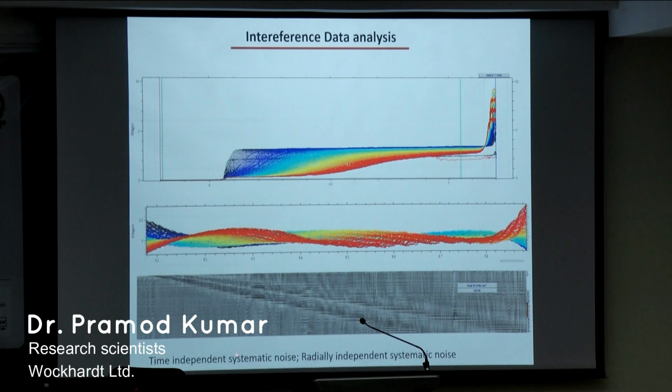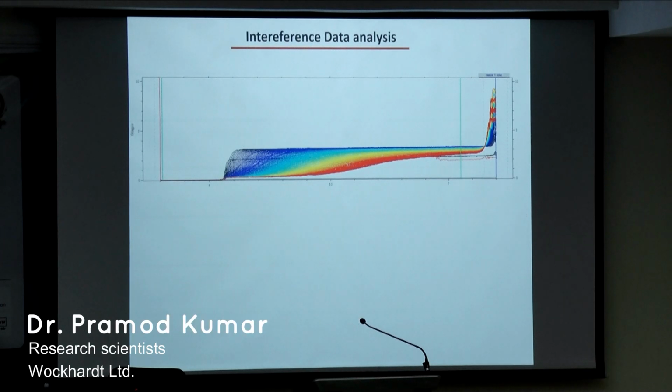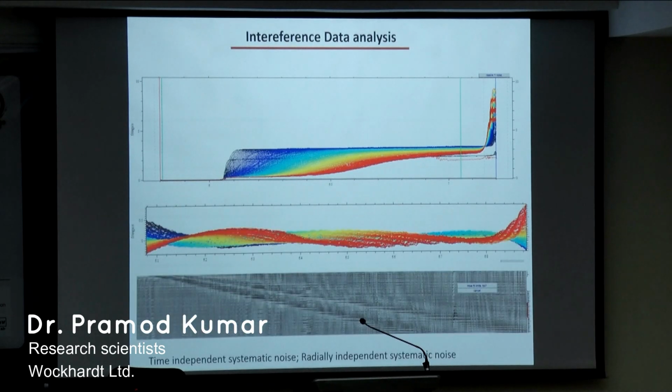One is time-independent systematic noise, which is because of the optical imperfections you have, whereas the other is radially independent systematic noise, because we are calculating the fringes from the Fourier transformation. So there is some noise from these fringe calculations, and if these two are not properly corrected, then you have differences between the noise levels, and the strong diagonal stripe is visible on the bitmap.